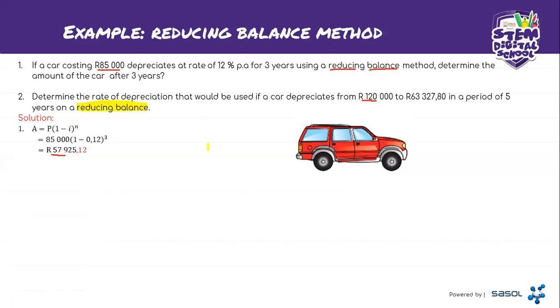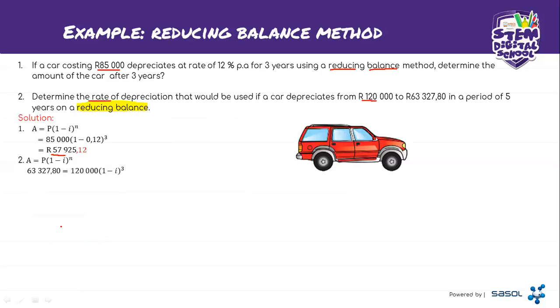Reducing balance is very important. And then also, what is important, you will have to write your data. You write what we have so that you can see what we are going to calculate. But it's very clear from the question that we need to determine the rate, the interest rate, which is I. Then we'll be calculating I. Then let's see how you go about it. You first write your correct formula for reducing balance.